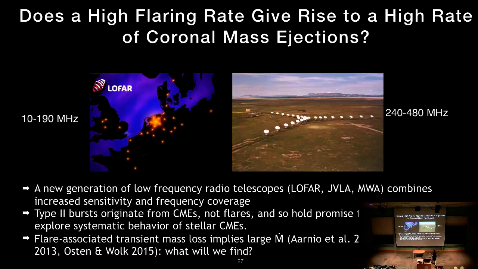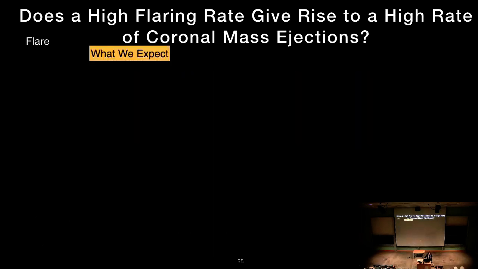And we're looking for something called a type 2 burst. I'll go into what that is in the next slide. But we're looking for a signature that is associated with the CME itself and not the flare. So we had what we thought was a promising tool to explore the systematic behavior of stellar CMEs. So let me run through briefly just what we expected to see. I'll show you what we saw.